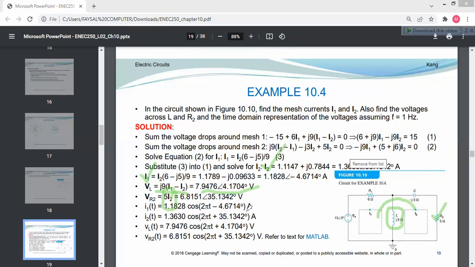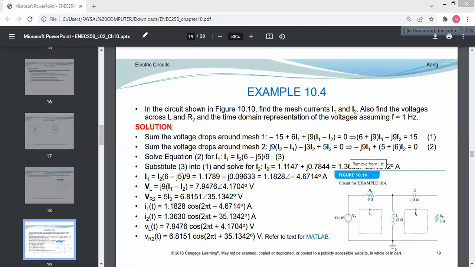For this, we have to find the amplitude value and the phase shift value, and simultaneously for I2t, and then VLt and VR2t. So these are the four values: I1, I2, and then VL and VR2. So this is the complete method to find the values of current for frequency equal to 1 hertz for the given system.